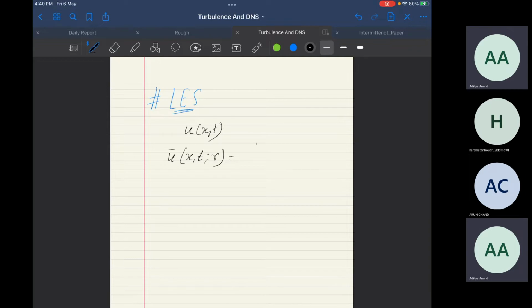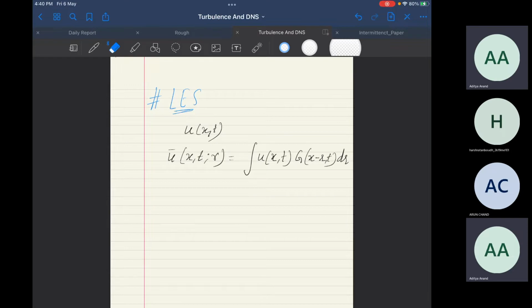Filtering involves a convolution of u at x with a filtering kernel G over the domain. You can understand this as follows.